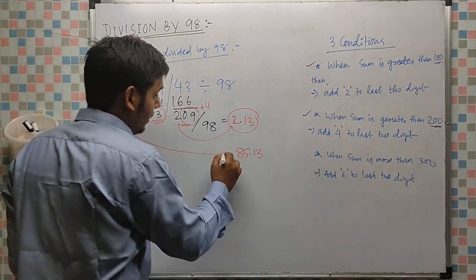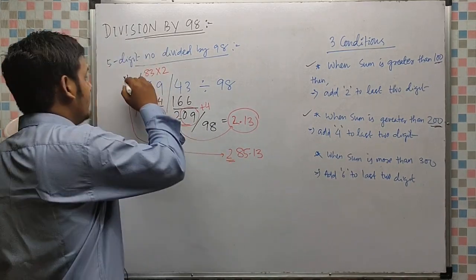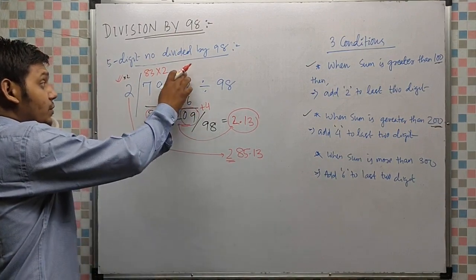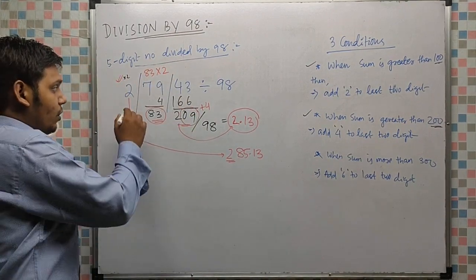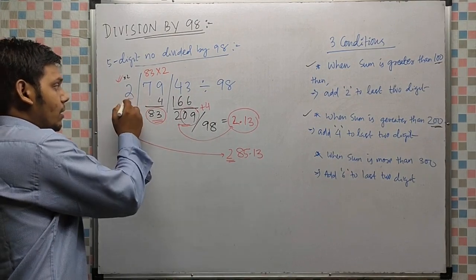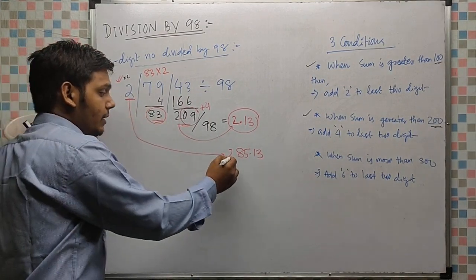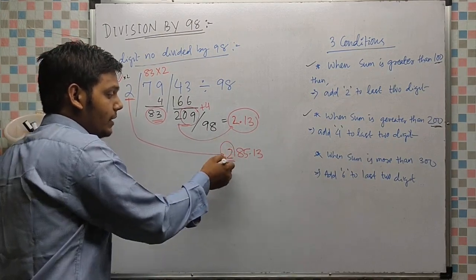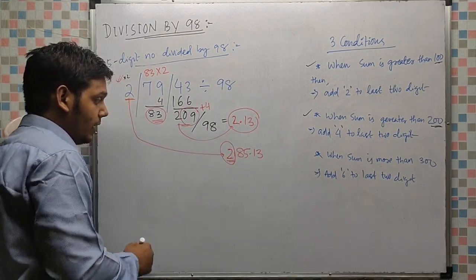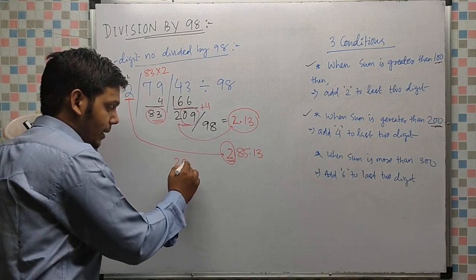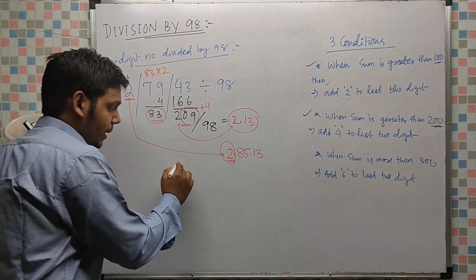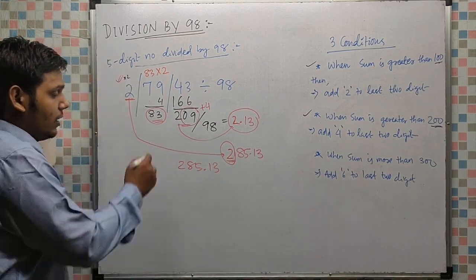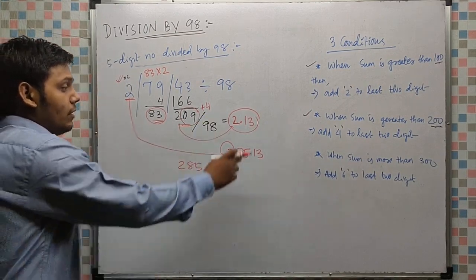Thereafter 2 I have to write here. It is in 100 place. No, sorry. Here you have to take this as unit, then tens, then 100. So always the far digit will remain at 100 place. That means 285.13. 83 will be added with this.